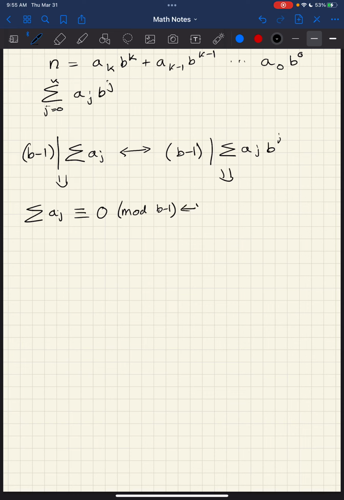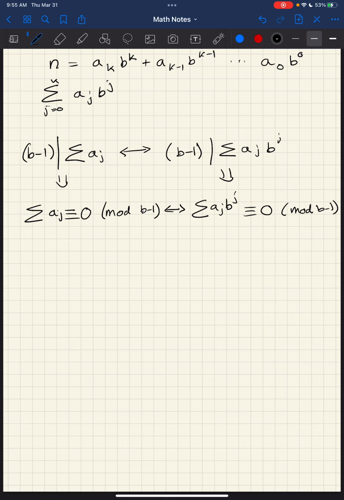And that would be true if and only if the actual number is congruent to 0 modulus b minus 1. All right, so this is what we need to prove.